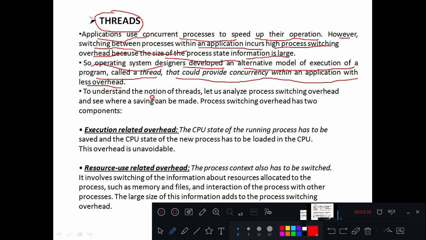Threads also work like a child process, but incur very little overhead.